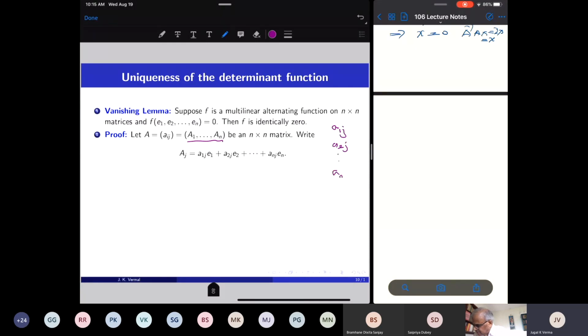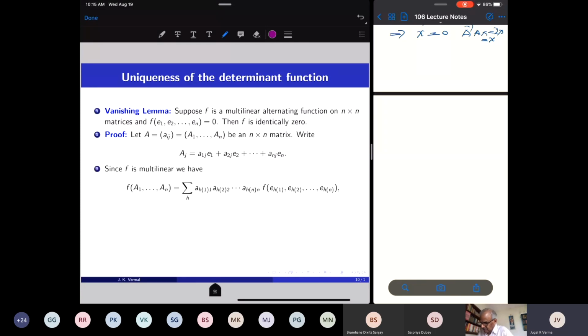This is an n by n matrix, so a_nj. This is the jth column. So I can write a_j as a1j times e1, then a2j times e2, and anj times en. So I express every column as a linear combination of these basic column vectors e1, e2, en.